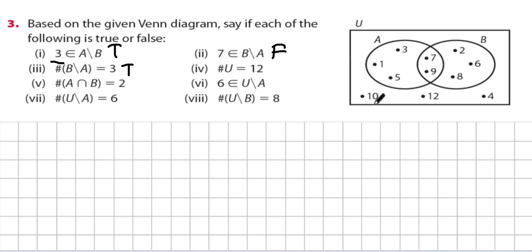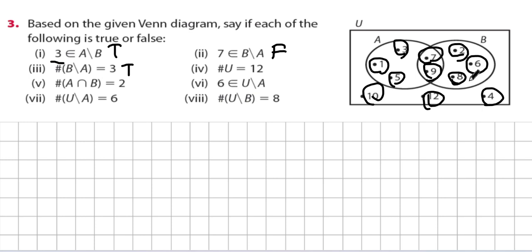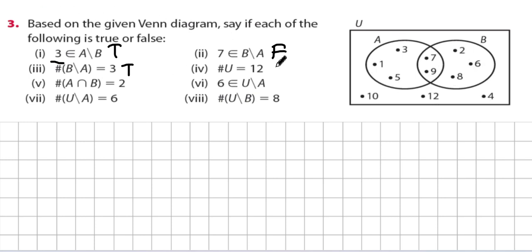Is there 12? 1, 2, 3, 4, 5, 6, 7, 8, 9, 10, 11. There's 11 items, not 12. So that would be false. Inside A intersection B, there's 2 items. True or false? True, yeah?